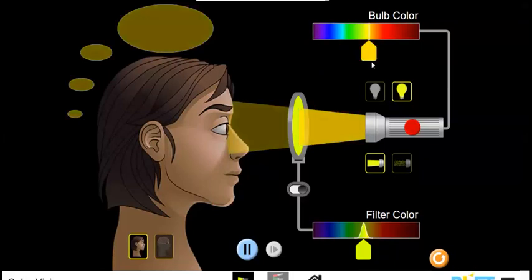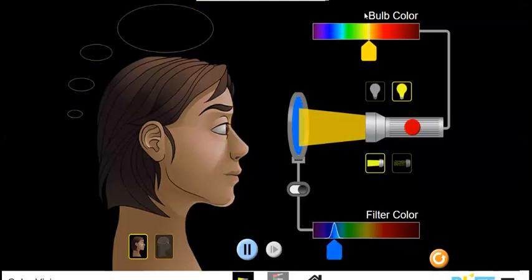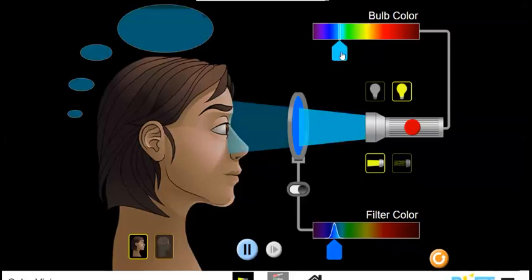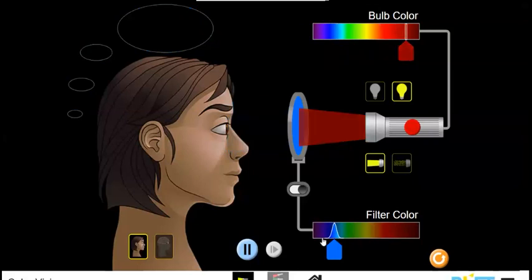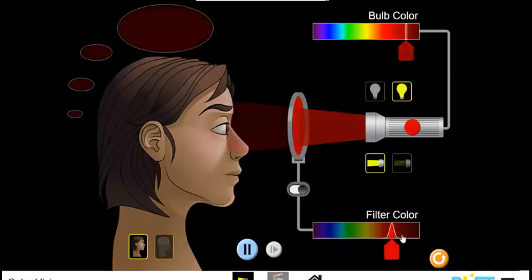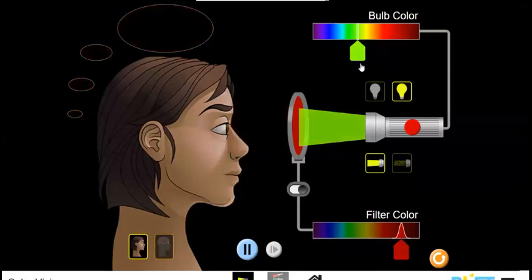But when the filter is fixed to blue, then it will only allow the blue color to reach and will block the other colors. When the filter is fixed to red, then it will only allow the red to pass and block other colors.